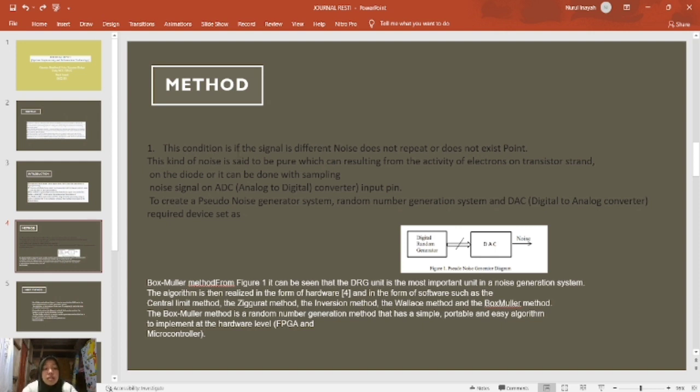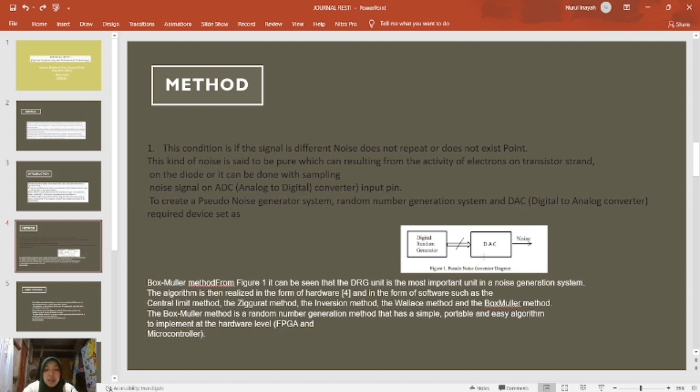The condition is if the signal is different noise, does not experience a point, the gain of noise is said to be pure, which can result from the activity of electrons on a transistor or the diode, or it can be done with sampling. Now, the signal goes to the ADC, analog to digital converter, input pin to create the noise generator system, the random number generation system, and the DAC, digital to analog converter, record device.